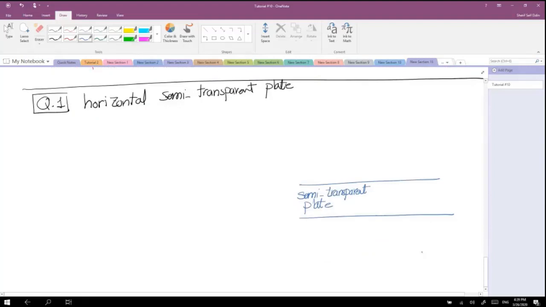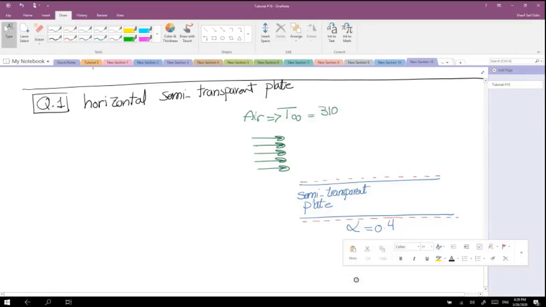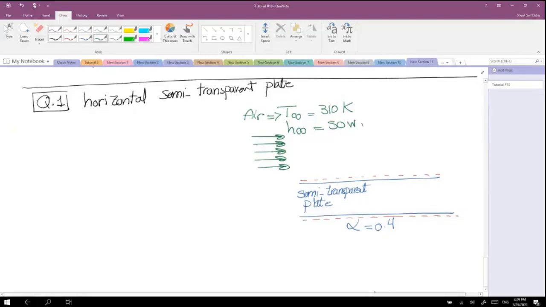That plate has an absorptivity of 0.4, and there is some air flowing over that flat plate with a temperature T infinity of 310 K, and the heat transfer coefficient over this flat plate is 50 watt per meter square Kelvin.